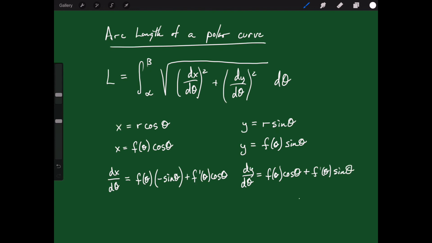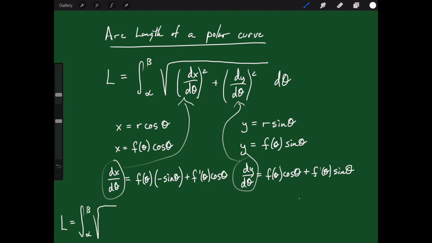And now what I want to do is let's take this dx d theta, plug it in up here. Let's take this dy d theta, plug it in right here, and let's just see what happens. Okay, so let's rewrite this, plugging in what these things are. So I get that the length is equal to the integral from alpha to beta of the square root of, okay, dx d theta squared.